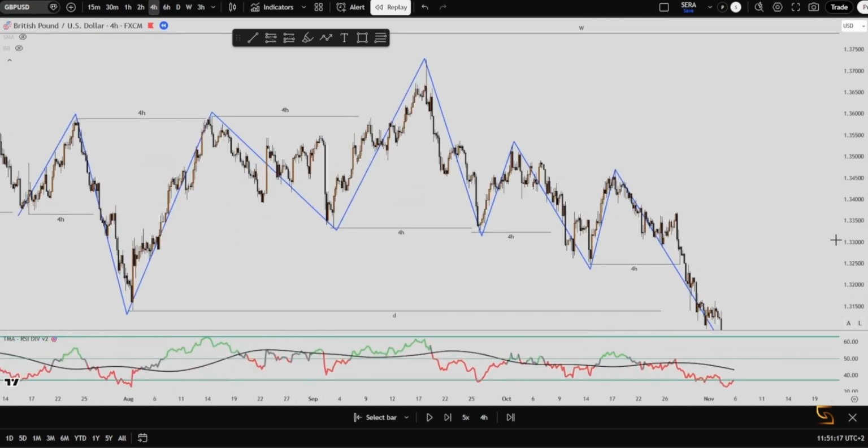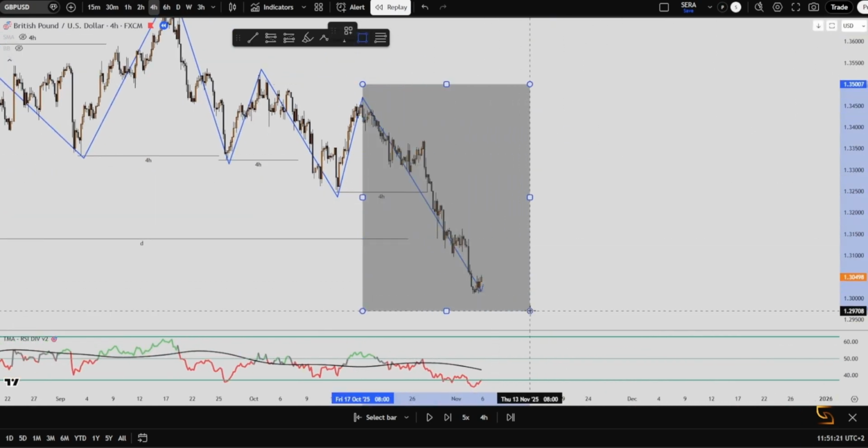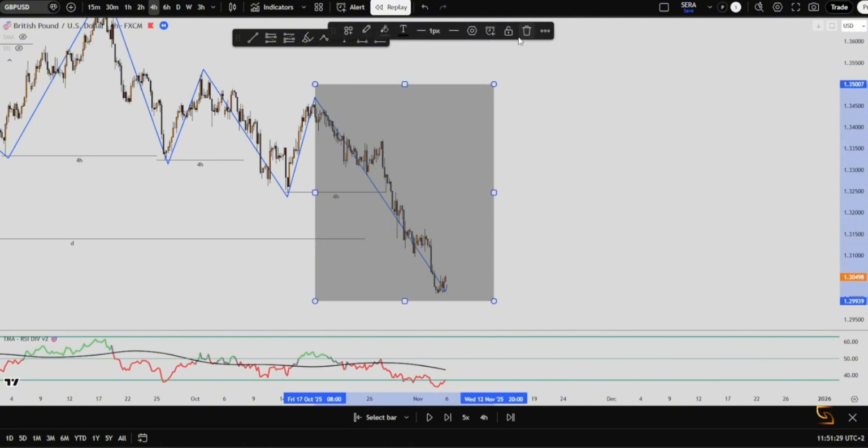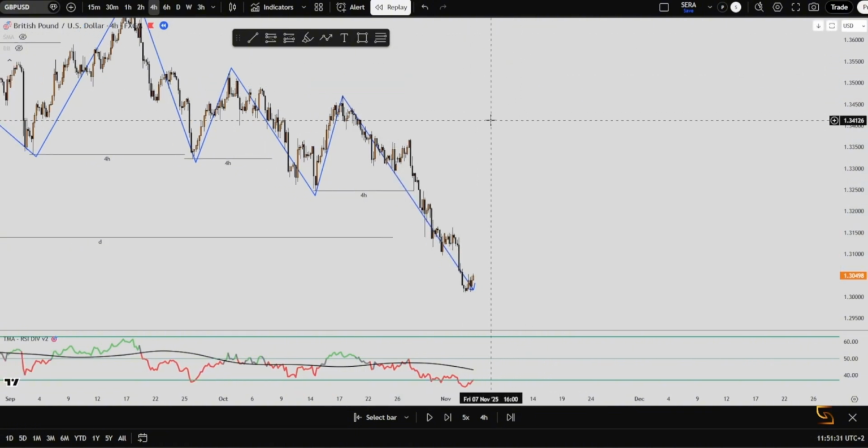Let's have a quick look at this area. As we're all well aware, the financial market is inherently fractal in nature. So basically, within each structure, we'll be able to find a smaller structure, a secondary structure.